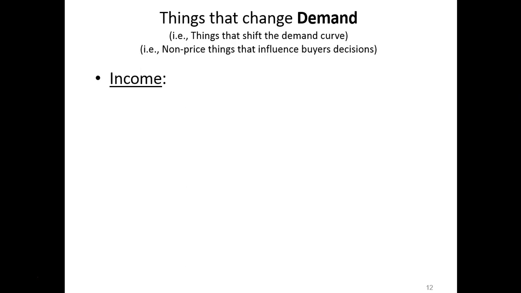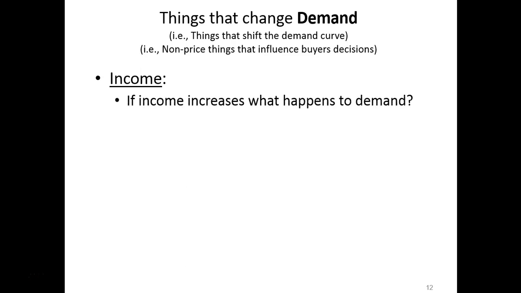Okay, people's incomes collectively change, right? So let's say people on average are getting richer. People's incomes are going up. How is that going to impact demand in individual markets? Well, for most things, as people's incomes go up, their demand increases. For most goods, that would be true.